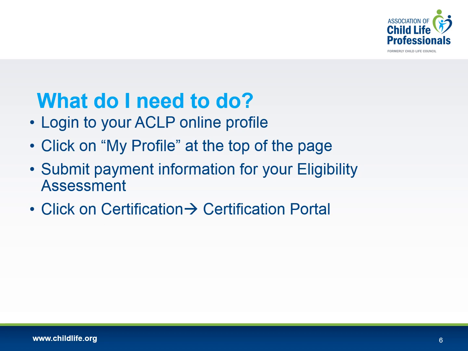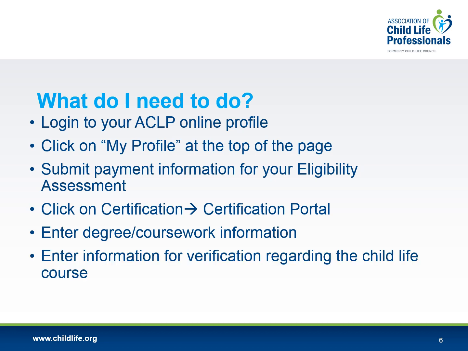You need to enter your degree and coursework information. Enter your information for verification regarding your child life course if you have completed your child life course. Otherwise, leave that section blank. You also need to enter your clinical experience for verification if you have completed your internship. And again, leave it blank if you have not completed your internship yet.